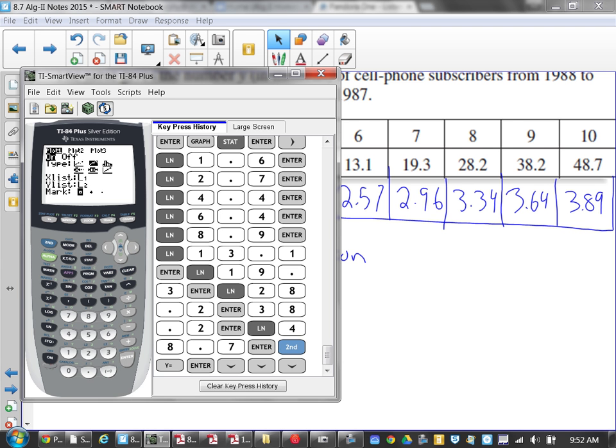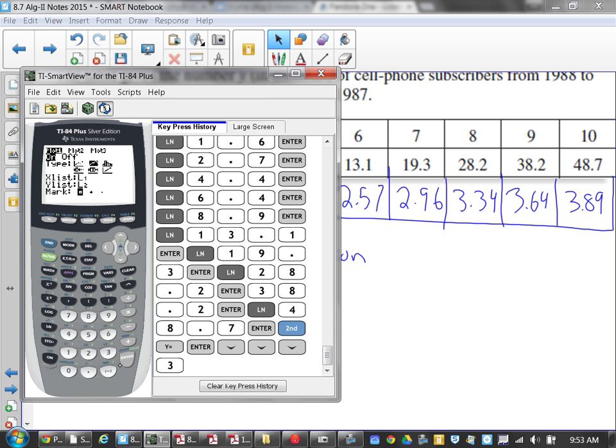There should be a blue button. Hit second 3, because then it comes up for the third list. Now, with any luck, it should work.